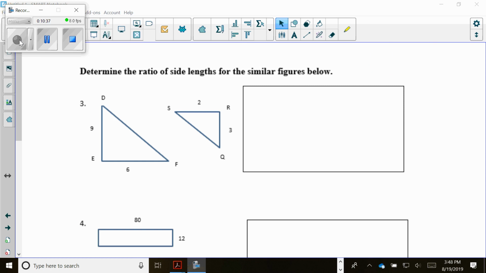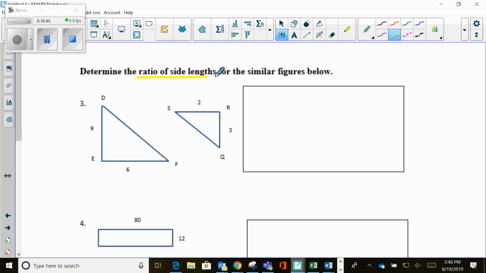The next part is determining if something is similar. We determine if something is similar by writing a ratio of the side lengths. So we are going to write a ratio, which is a fraction of the side lengths.